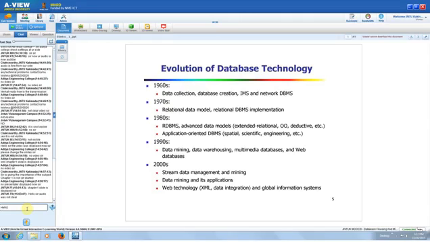I tell you one thing in your database evolution, especially in data mining, you will come across spatial data mining and temporal data mining. These are the two concepts needed, and web data mining. Web mining means in the web you will have different multi-dimensional resources, and you have to mine the knowledge or extract the knowledge from them.